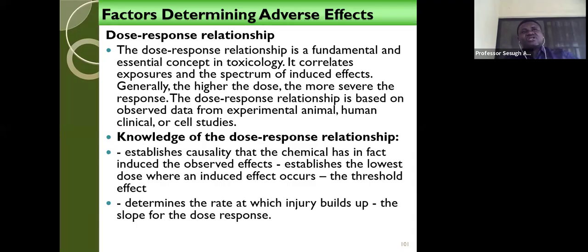Mind you, you're going to have the threshold, and then after threshold, injury is being observed. At what point are you going to observe injury? Will the injury continue, or is it going to stop at some point? Maybe when you get to the maximum level of administration, something like that. And then it determines the rate at which injury builds up. We have said that.